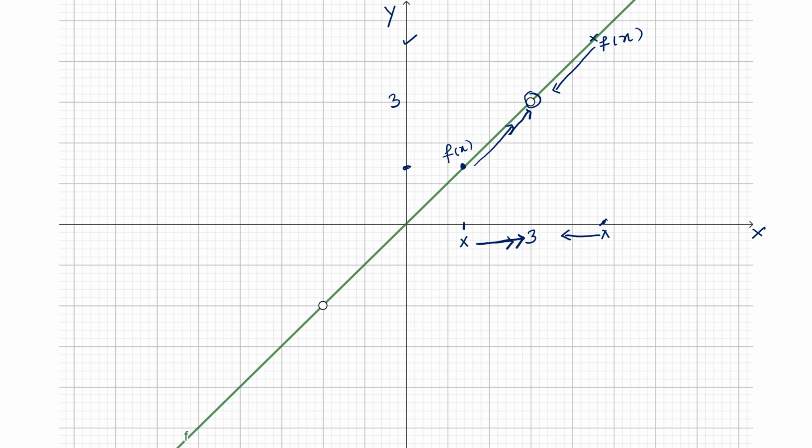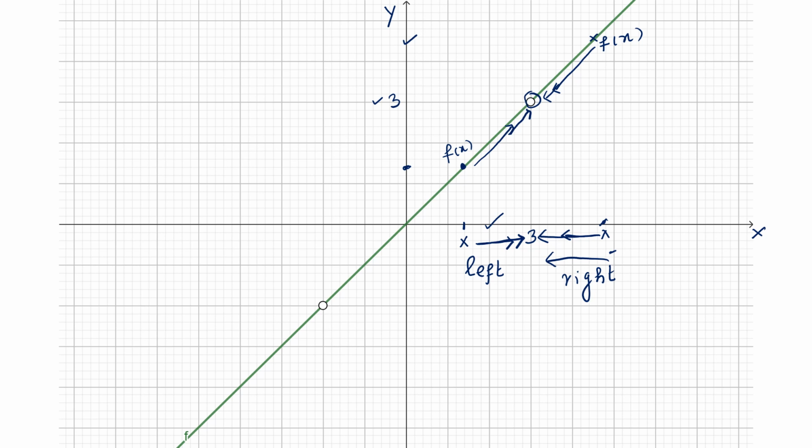So x approaches 3 like this, then f of x also approaches this point. The corresponding value is 3 in this example. So what does it mean? x approaches 3 from the left side. On this side, it means x approaches 3 from the right side.